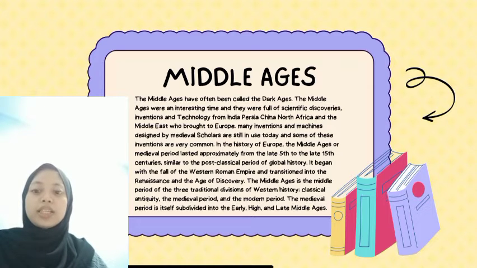The Middle Age is the middle period of the three traditional divisions of Western history: classical antiquity, the medieval period, and the modern period. The medieval period is itself subdivided into the early, high, late, and late Middle Ages.